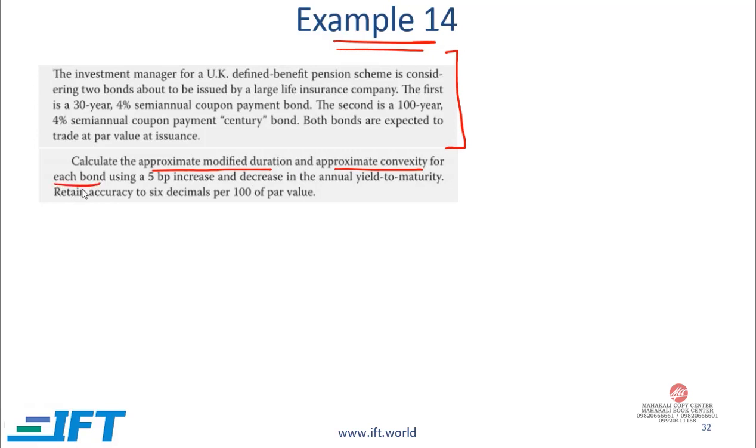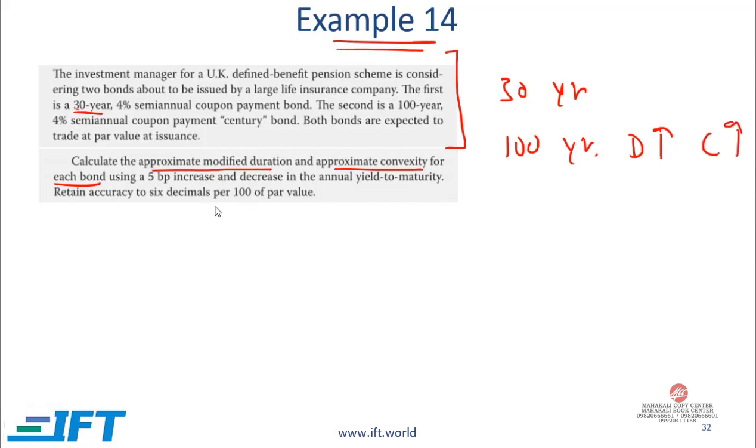The two bonds here, one is a 30-year bond and the other is a 100-year bond. Even without doing the calculation, I hope you have now an intuition for the fact that the duration is going to be higher for the 100-year bond and the convexity is also going to be higher.